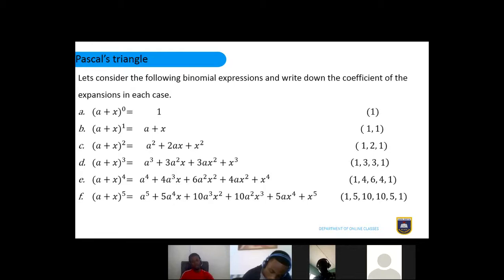Then example B, we have a plus x exponent 1, and anything exponent 1 is the same thing. So that gives us a plus x.